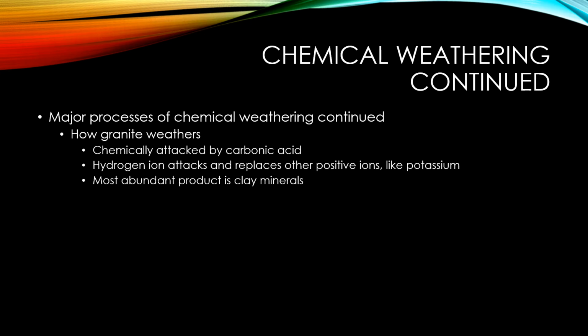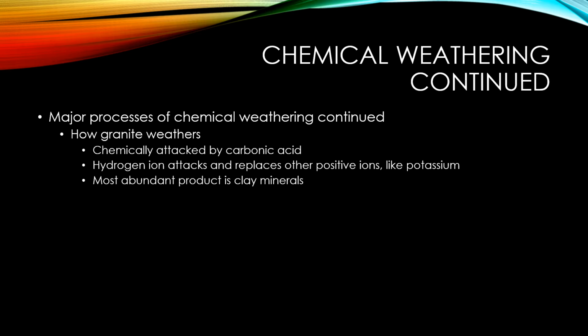So in granite, for example, you have a fair amount of potassium within the mineral potassium feldspar, and the hydrogen ion from the carbonic acid goes in and attacks and replaces the potassium ions in the potassium feldspar with hydrogen.